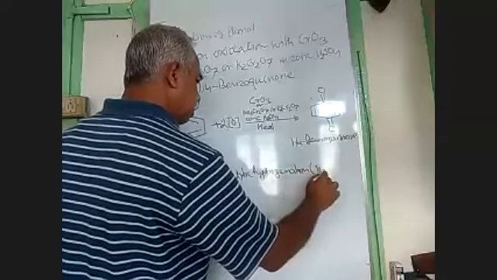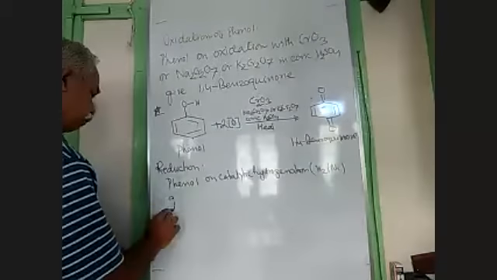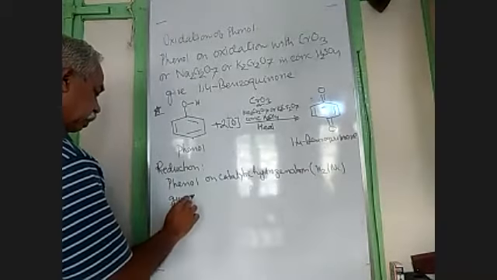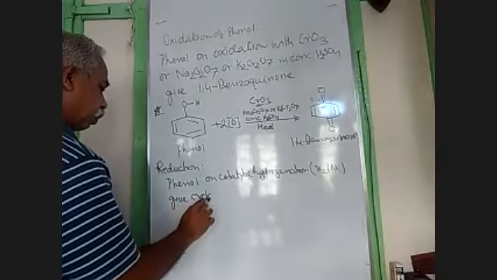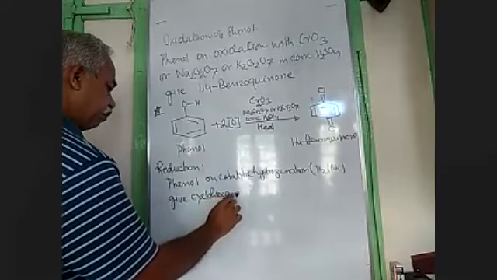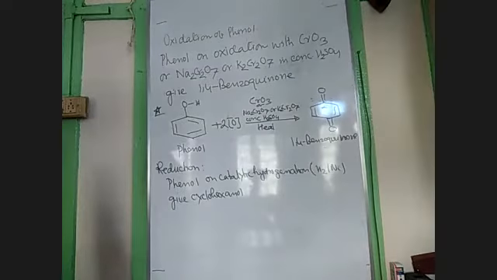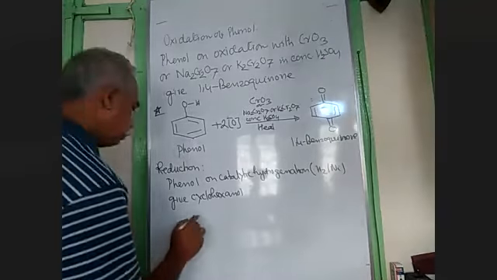That is with hydrogen gas in presence of nickel or any other catalyst. Nickel is the cheapest one, so we use nickel. It gives cyclohexanol. Cyclohexanol is very important industrially because from there we oxidize it and we get adipic acid, by which we can make synthetic fiber, nylon. Okay?